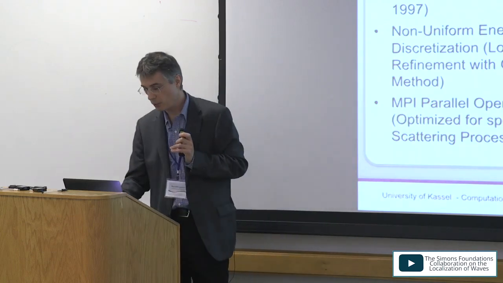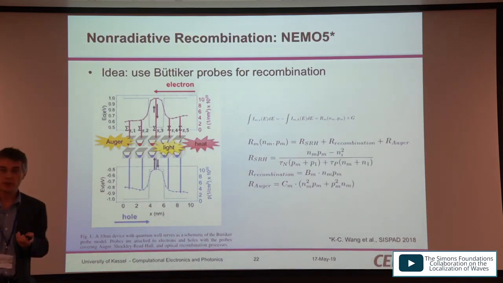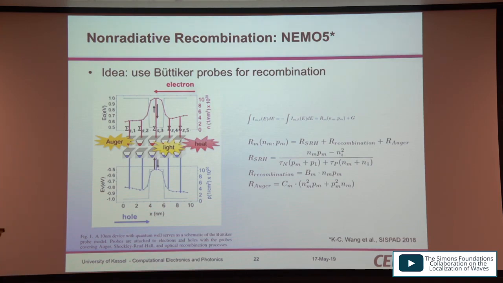There has been a proposal from the Klimeck group, the Purdue people, to include non-radiative recombination. They are introducing the so-called Büttiker probes, and this is simply a self-energy, a scattering mechanism, where you take carriers out of the system, redistribute them in K-space, and re-inject them.